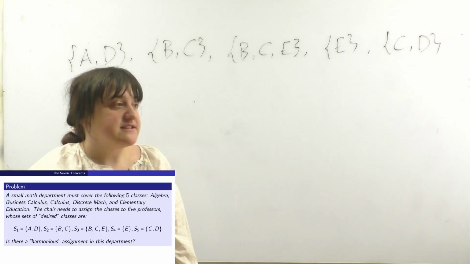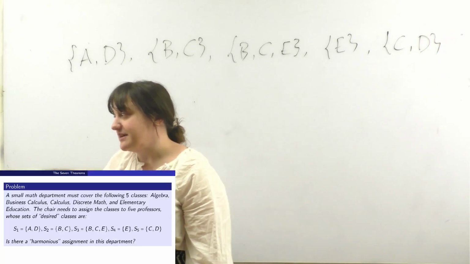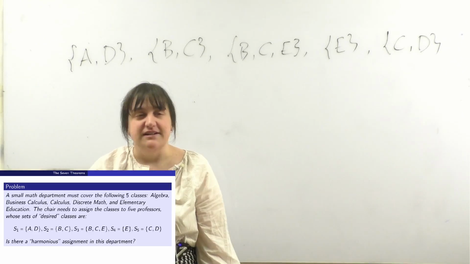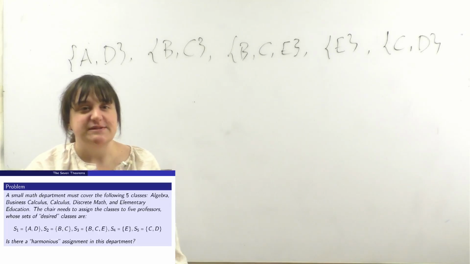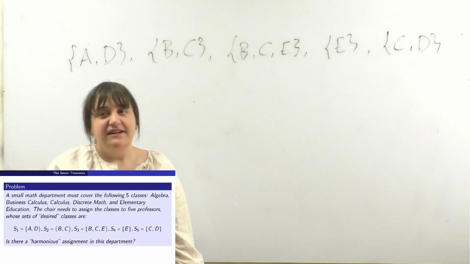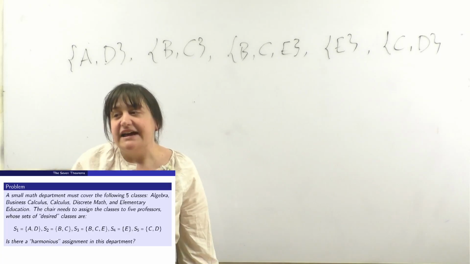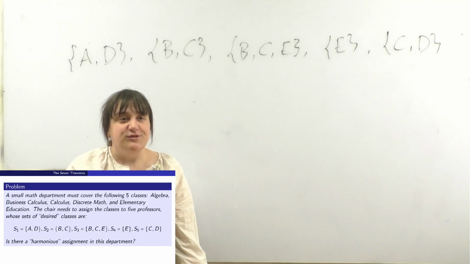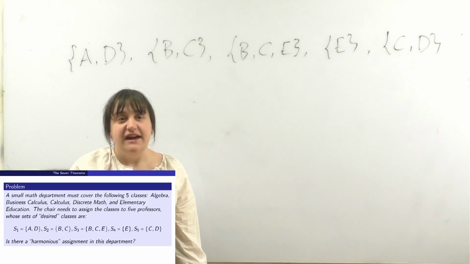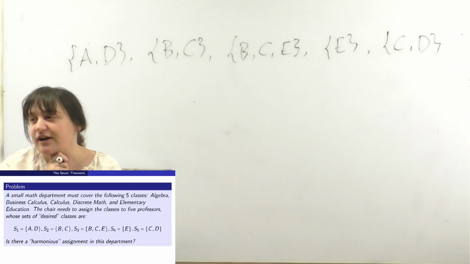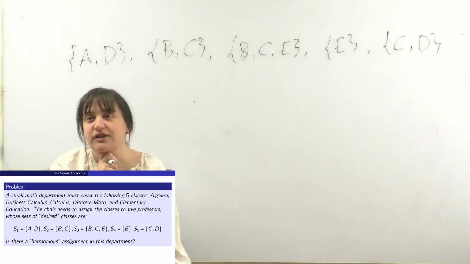Okay, so I asked, does there exist a harmonious assignment of classes in this department? I haven't defined what harmonious means, but you can imagine you would not like to, if you're the chair, meet somebody who you gave a class that they hate, and every single day when you meet them in the hall, they're like, I'm teaching business calc, it really sucks, thanks, Carl.